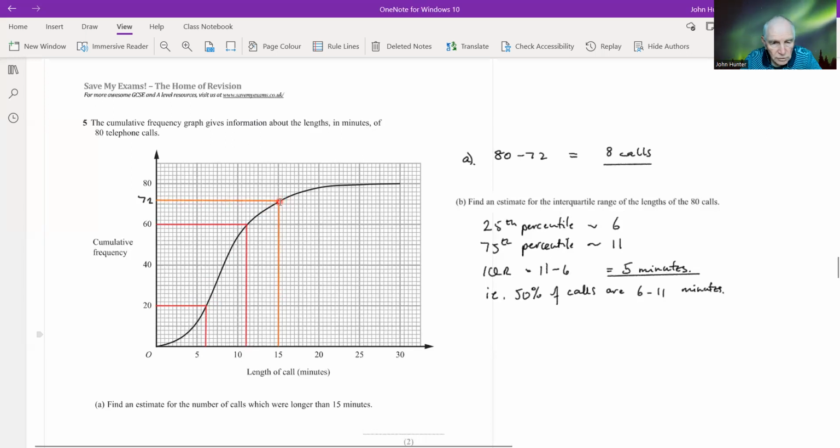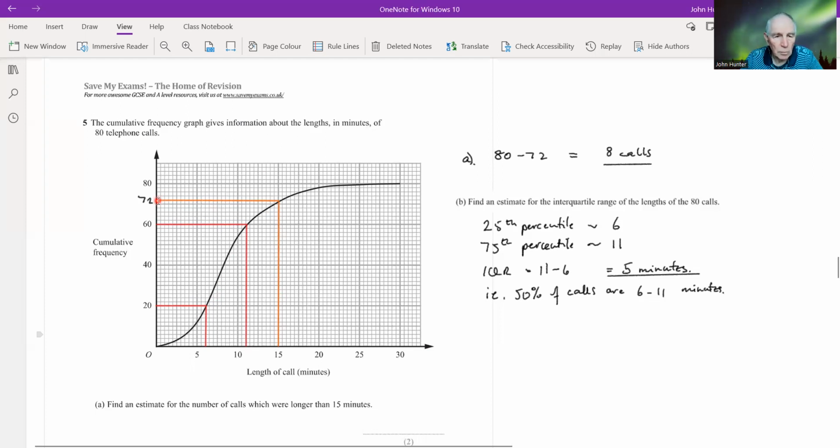What it's saying is that all the values in this area here are ones which are greater than 15 minutes, up to 30 minutes, in fact. And everything in this area here represents the calls that are less than 15 minutes. So obviously the dividing point is here at 72.